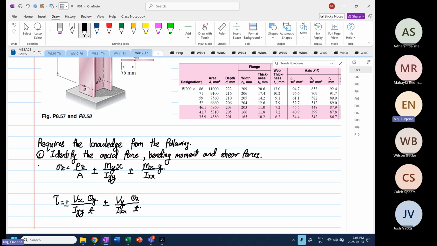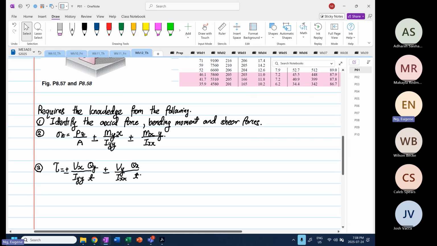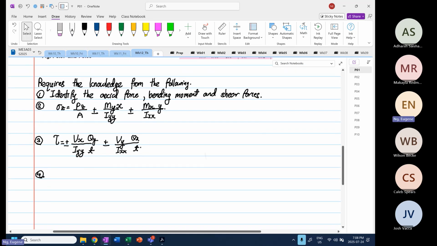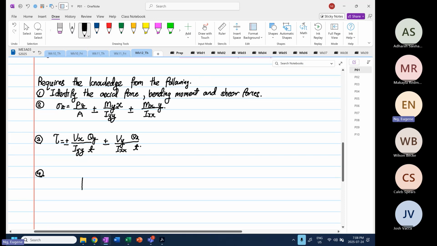So this is the second thing that we have to do. And then we have the third thing. And then the fourth thing that we have to determine now is to sketch our element.